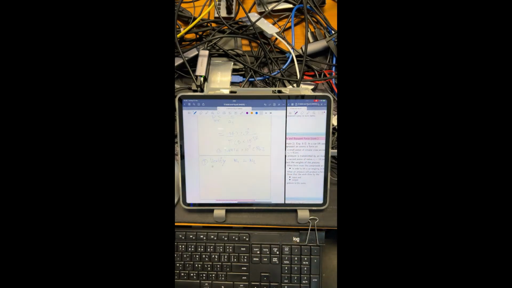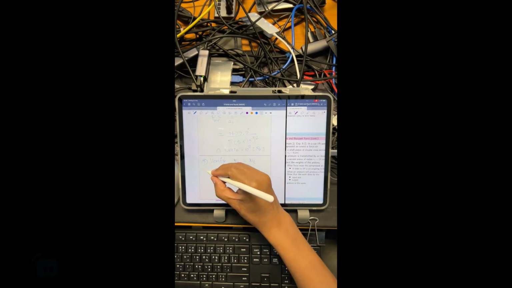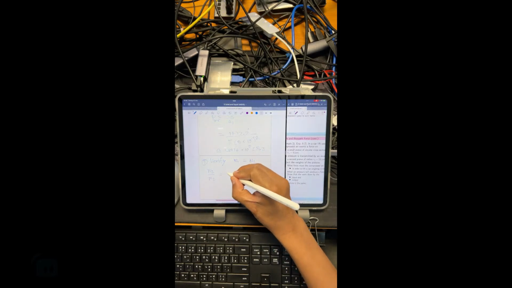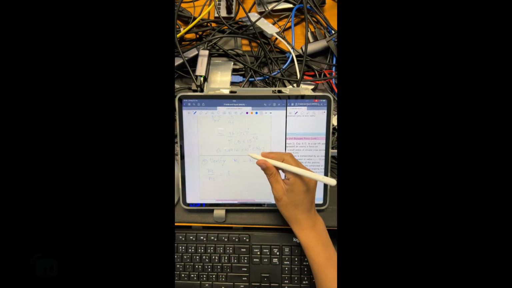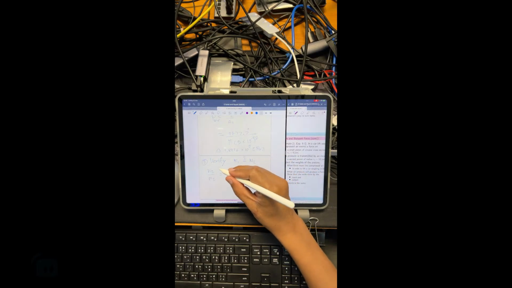Once we see W1 equals W2, it means also that the ratio between W1 divided by W2 equals number 1 or not, right? And is that correct?